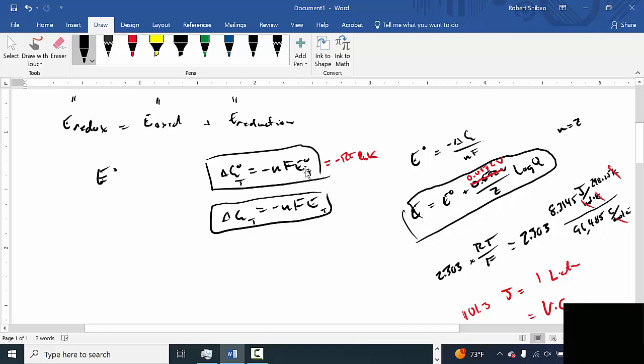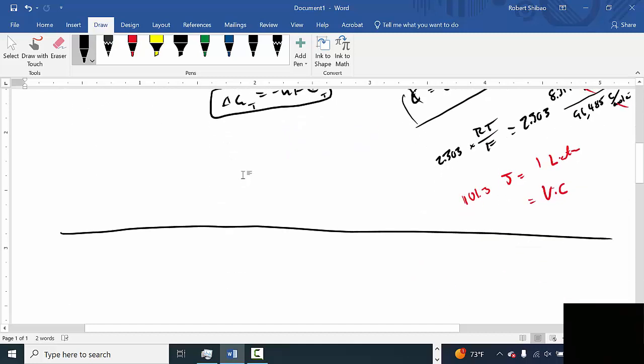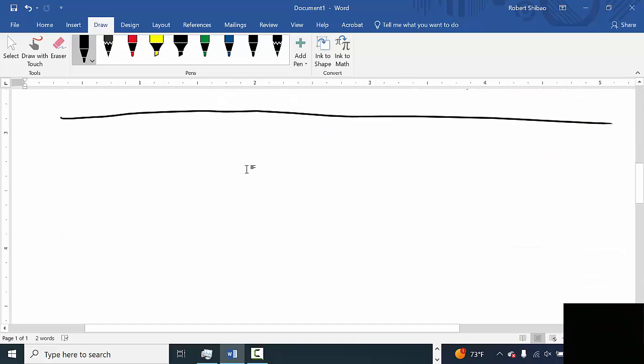A negative cell voltage means we're going to have a positive delta G, which means the reverse reaction is favorable. So the cell voltage is directly related to the driving force here.